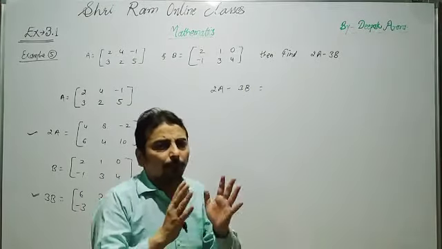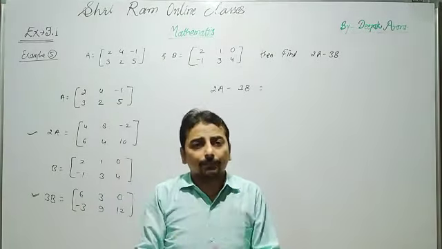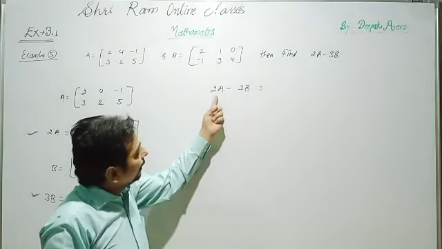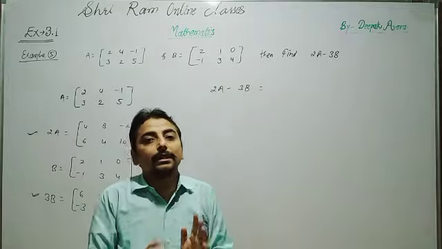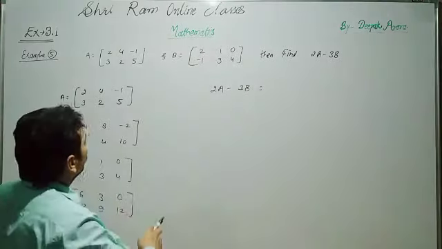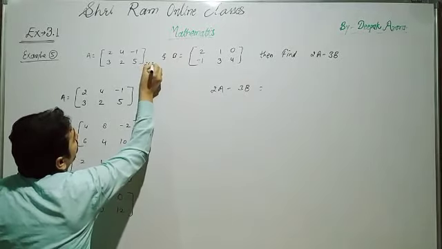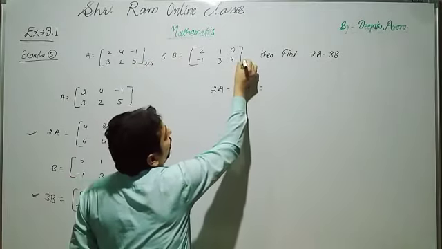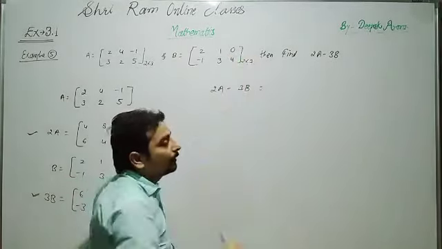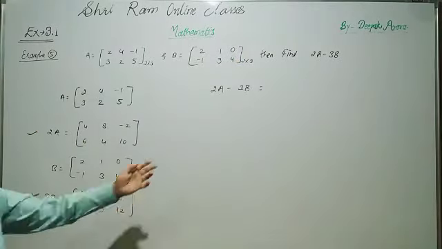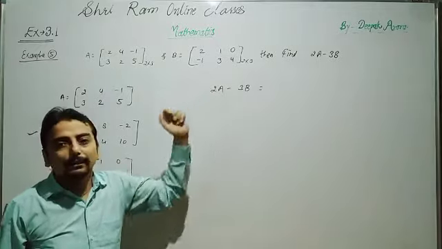First of all, we know addition and subtraction are possible only when A and B have the same order. Consider that matrix A is of order 2 cross 3 and matrix B also has order 2 cross 3. Then we can say that finding 2A minus 3B is possible.